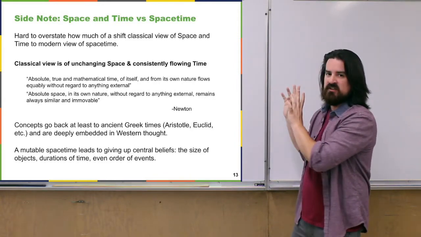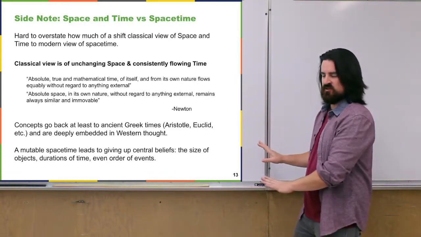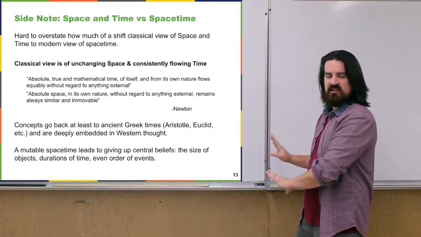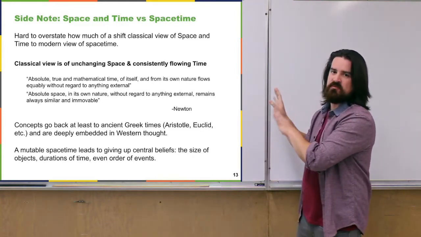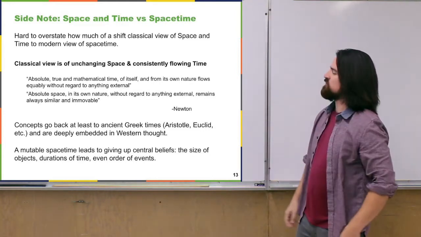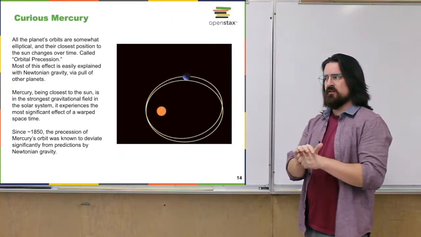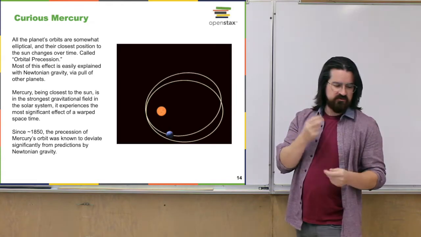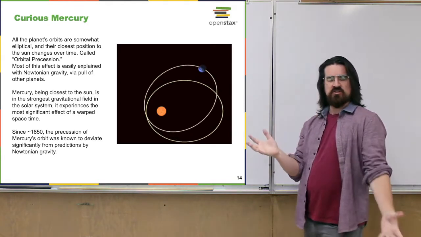It just turns out that when you look closer, a more fundamental picture of space and time and the universe, it doesn't keep to that absolute space and evenly flowing time. Those things are changeable. Hopefully you get by now that general relativity is the next stage of our understanding of gravity.